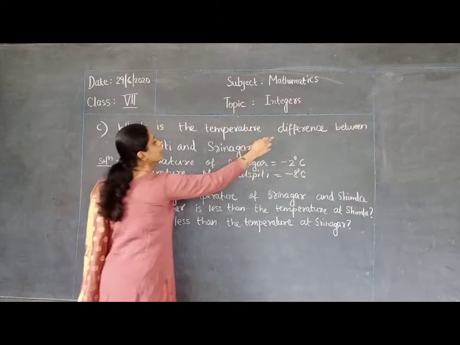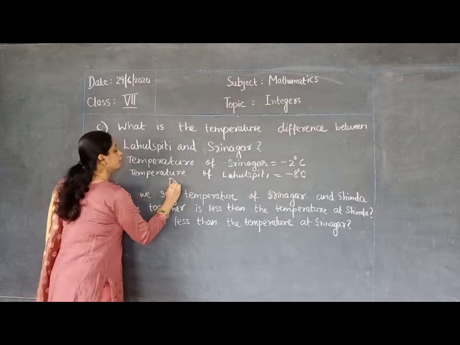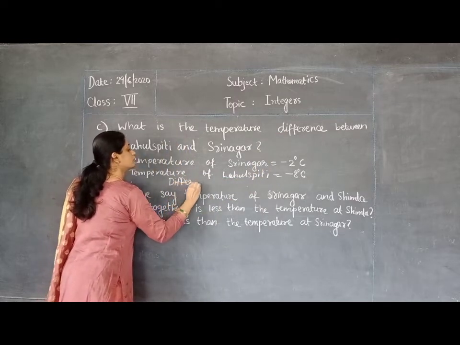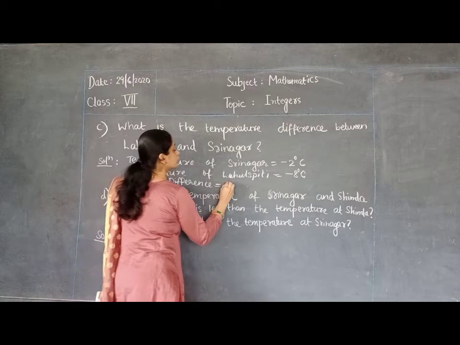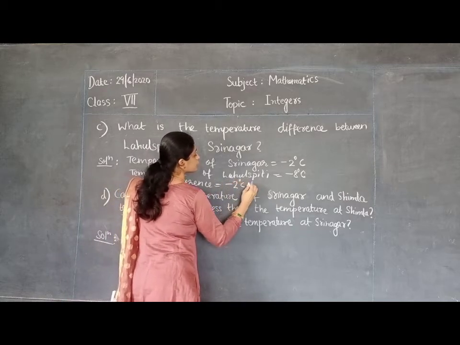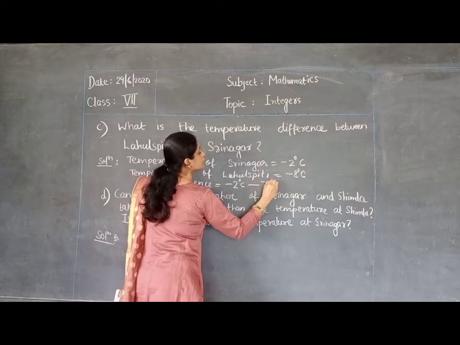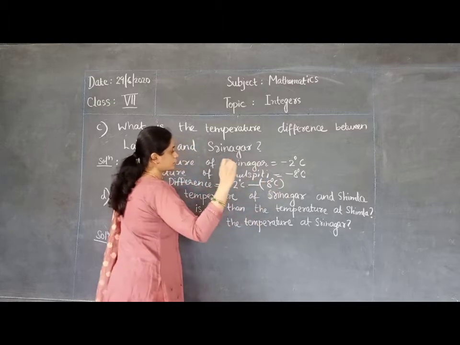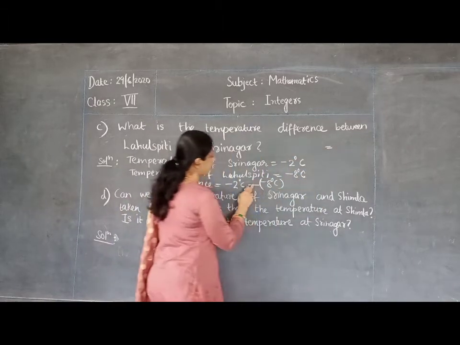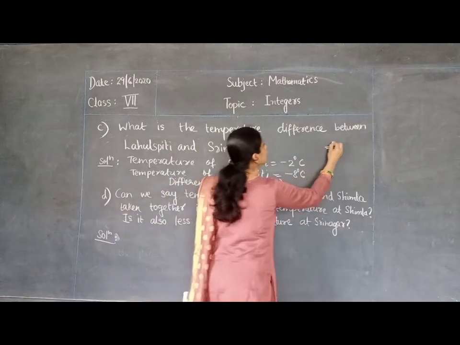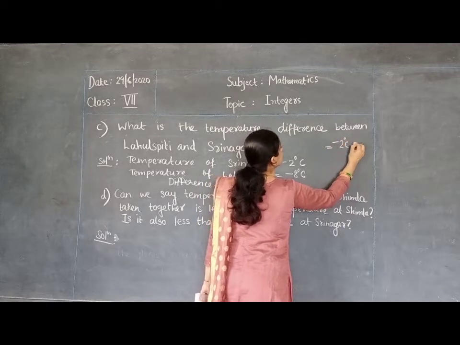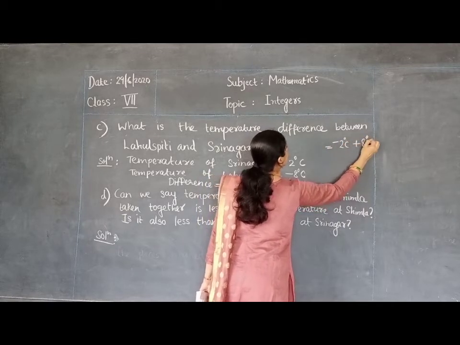You have to find difference. So difference is minus 2 degree Celsius minus 8 degree Celsius. So here minus into minus you have to consider. So minus 2 degree Celsius plus 8 degree Celsius.